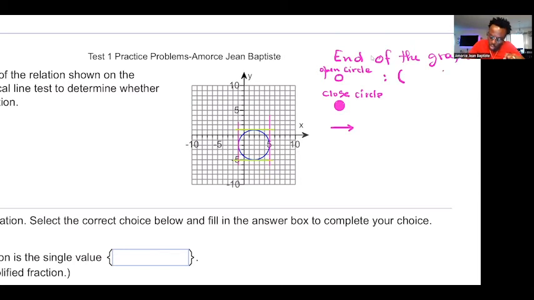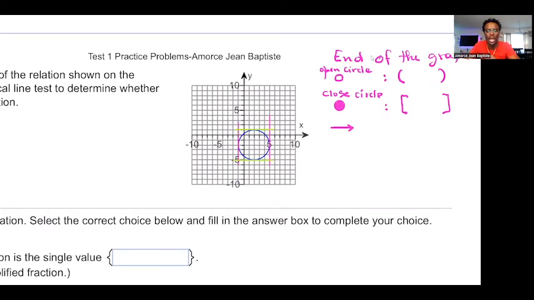Same thing, you can close it with a bracket, depending on how the other side is. If you have a closed circle that ends the graph, you want to use a bracket, and same thing on the other side. If it's a closed circle, you put a bracket. If it's an open circle, you keep a parenthesis.